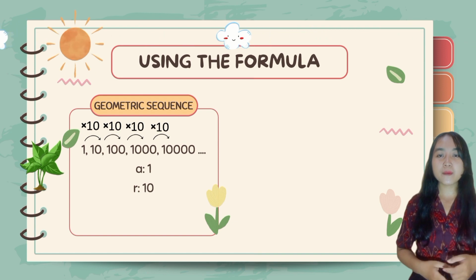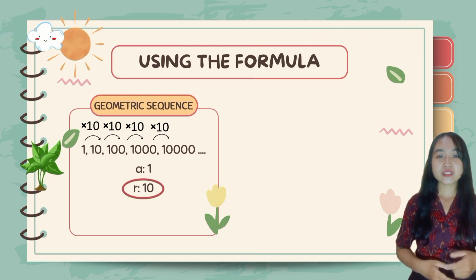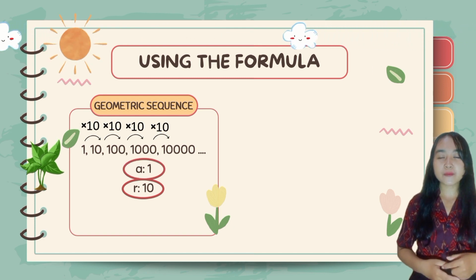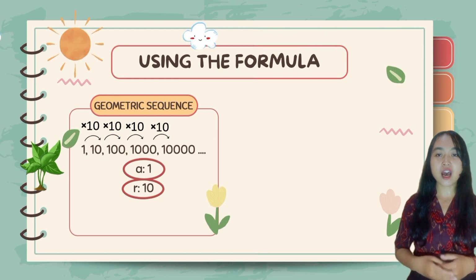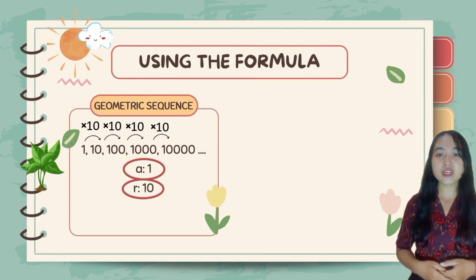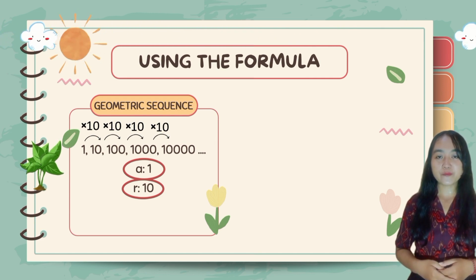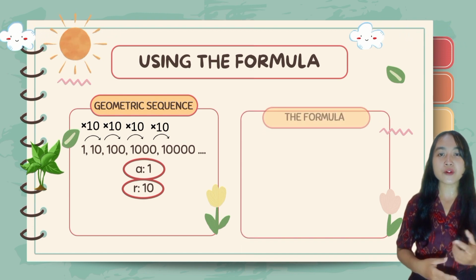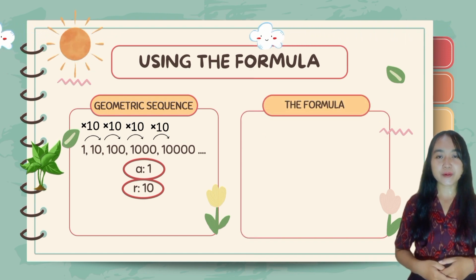Therefore, our common ratio here is clearly 10, making that our r value. And since our first term here is 1, we can also establish that as our a, so plugging in the following information so far gives us our base formula for this sequence.